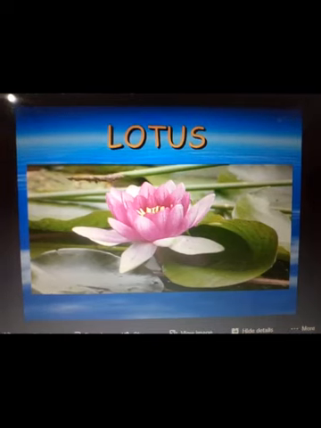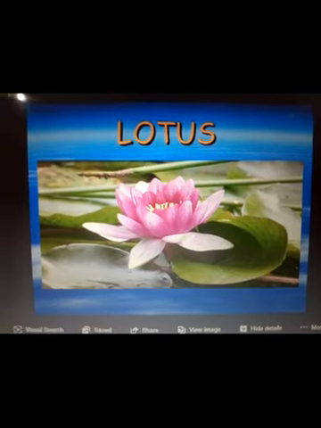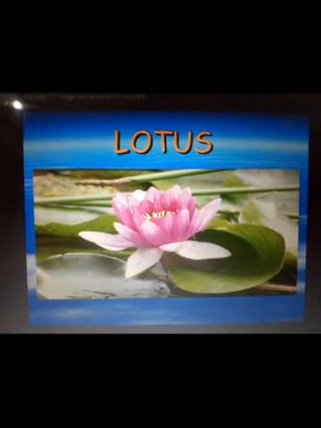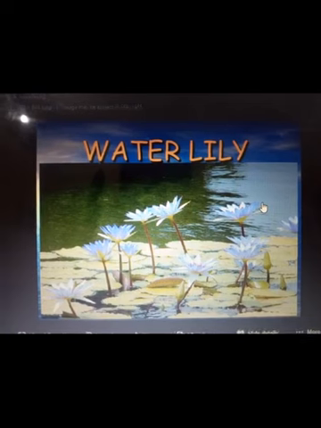The roots of aquatic plants like water lily and lotus are fixed to the soil. That's why they are called rooted aquatic plants.